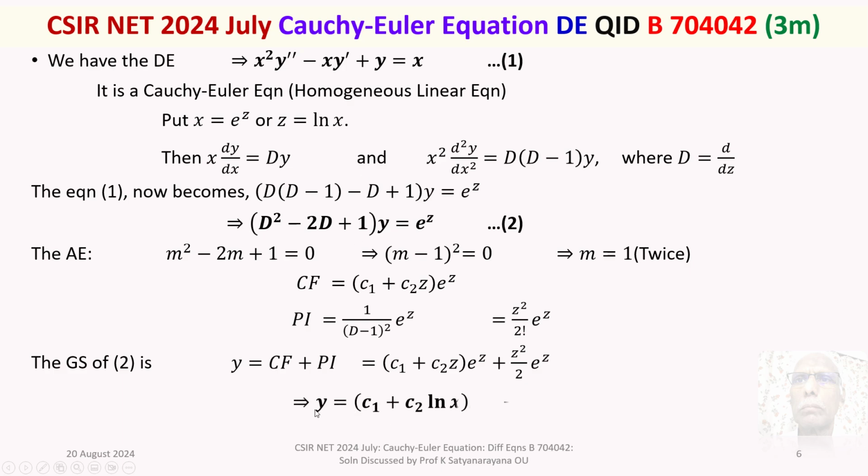So y, which is a function of x, is equal to (c1 plus c2 into z, ln x) whole into e power z, which is x, plus z square, that is (ln x) whole square, into e power z, which is x, by 2. So that is your general solution of the given differential equation 1. The above one is the general solution for 2, but this is the general solution of the given differential equation.